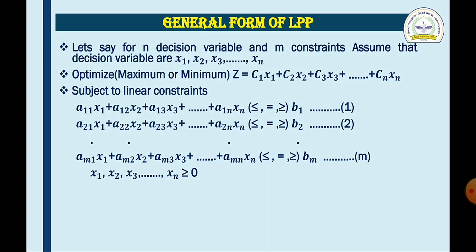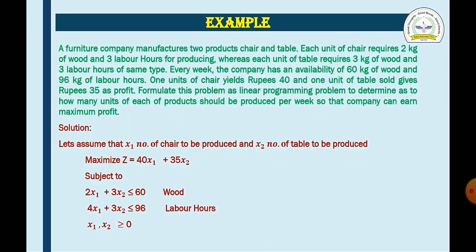Now let's see one example. A furniture manufacturer makes two products, chair and table. Each unit of chair requires 2 kg of wood and 3 labor hours for producing, whereas each unit of table requires 3 kg of wood and 3 labor hours.